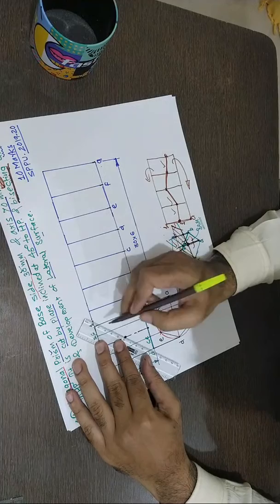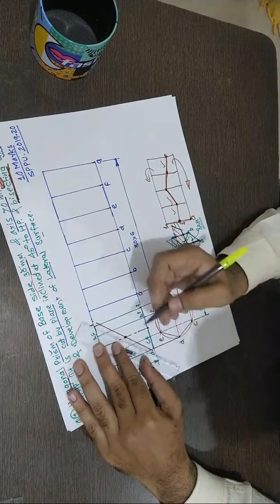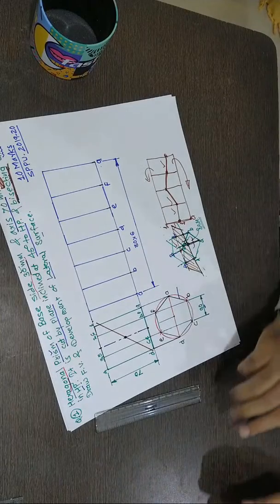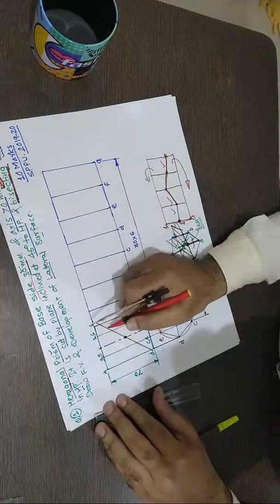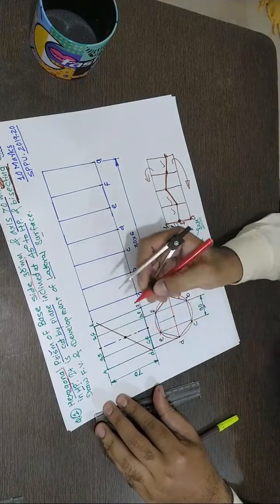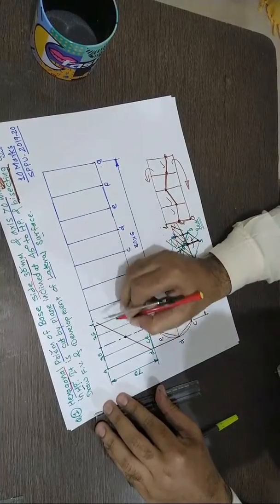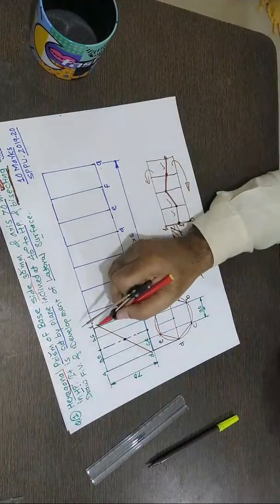Now draw a plane. Of course this is a 45 degree angle. So this cutting plane angle with HP, the horizontal plane, anywhere you check, is 45 degrees. Now this is the cutting plane.